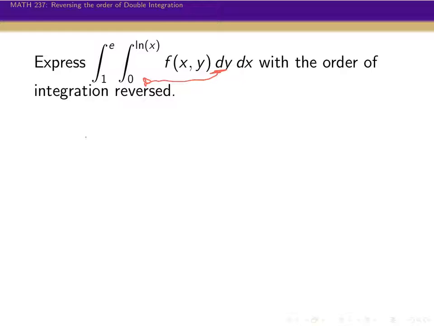So y is going from 0 to ln of x. And then our outer bounds are in terms of x, and it's saying x is going from 1 to e. So x goes from 1 to e. So let's draw this region.